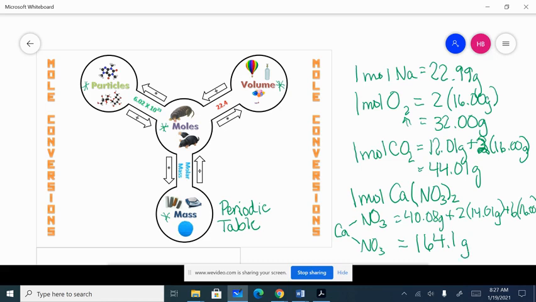Your calculator is going to tell you 164.10 grams, which is just a difference of significant figures.